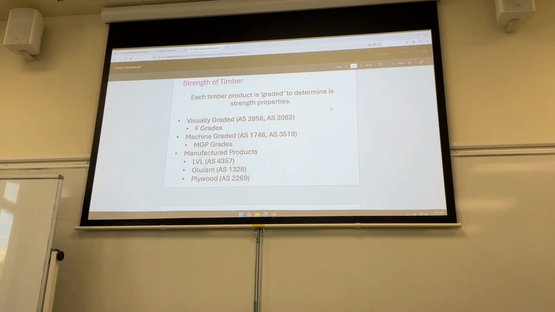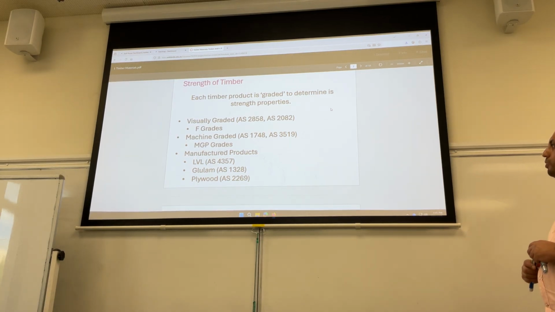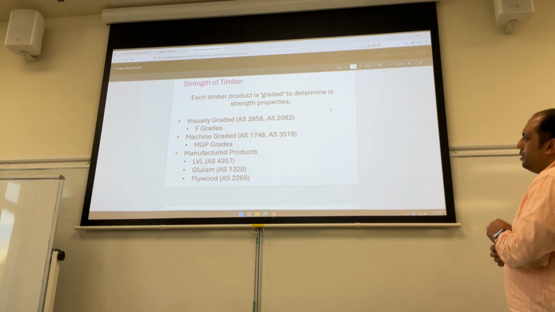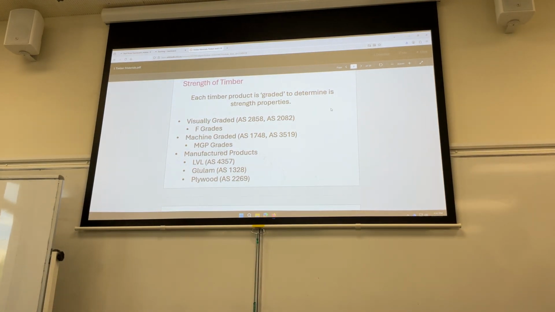So this is the strength of timber. Each timber product is graded to determine its strength probability. So we have visually graded timber, like the F grades. So F grades is visually graded timber, and this is under standard 2858 and 2082. And also we have the machine graded timber, which is MGP grades.